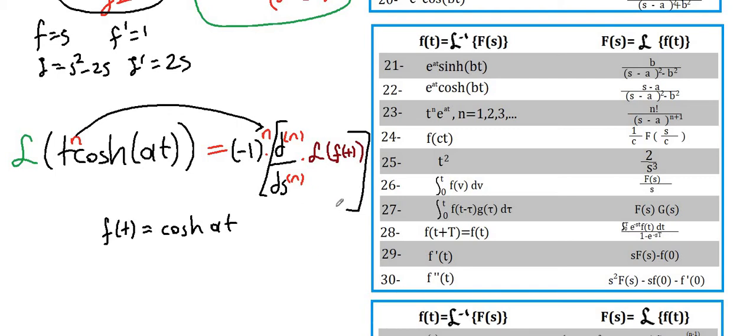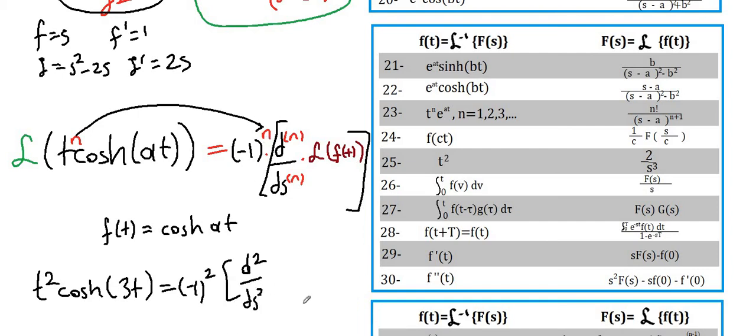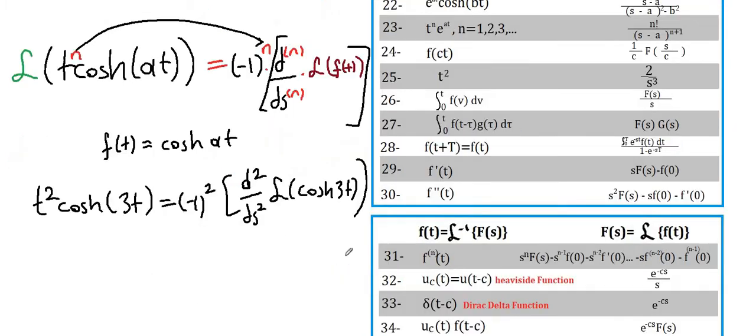Let's apply this formula practically on something simple. Let's say we have t squared cos of 3t. Then we're going to have negative 1 to the second power, and d squared over ds squared, which is the second derivative of the Laplace of cos of 3t. So we're going to start from the innermost parenthesis here, which is cos of 3t. The Laplace of cos of 3t is s over s squared plus 9.